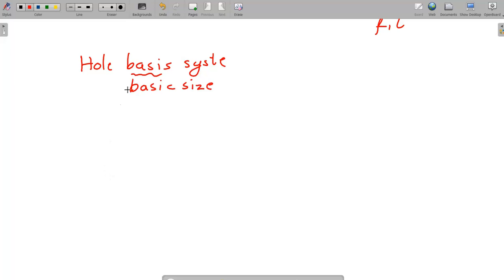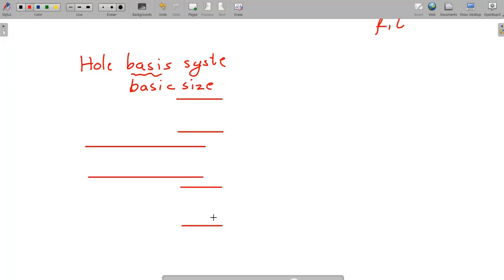Now suppose you have a shaft assembly and hole assembly. Directly draw it like this. This particular shaft is going inside this hole. So here definitely there is a tolerance zone, and here also a tolerance zone. Now basic size, you know upper limit, lower limit.